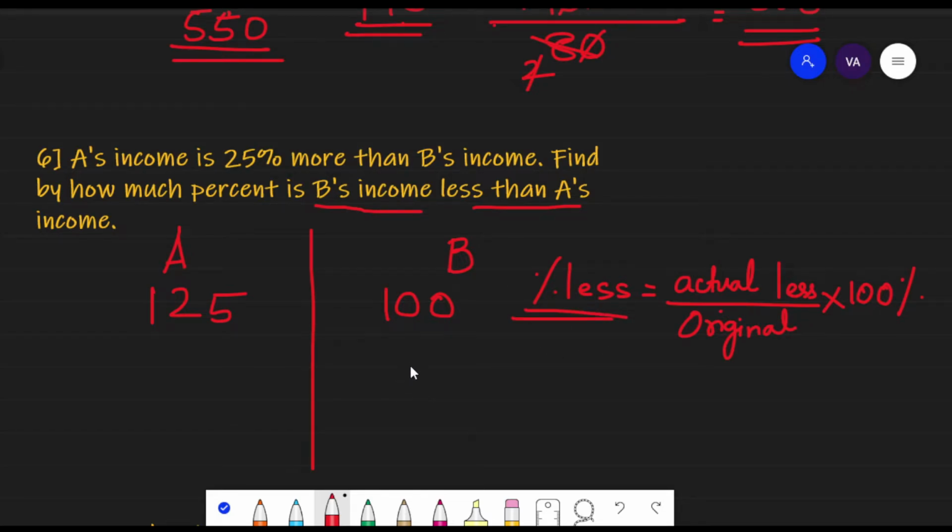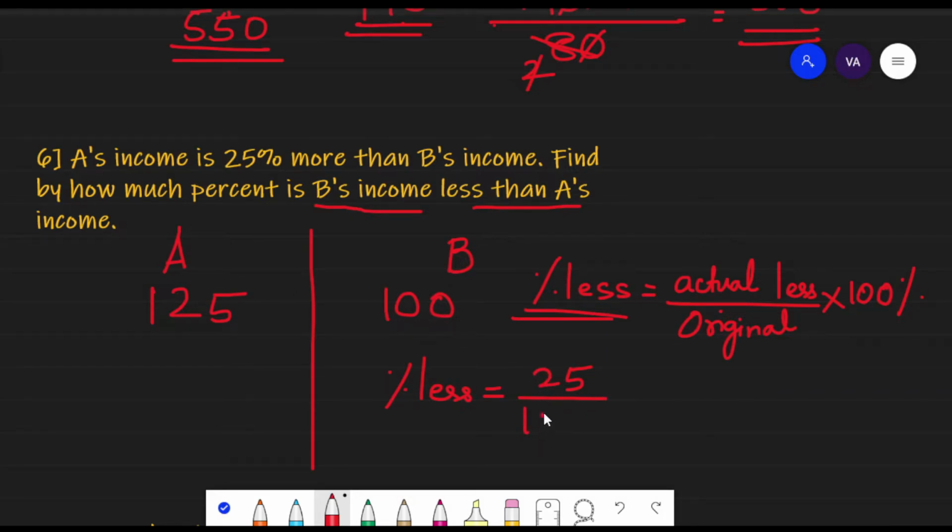So here percent less is equal to actual less divided by original. How much is the actual less? B's income is 25 less than A's. Here you can see A's income is 125 and B's income is 100. So it is just 25 less than A. And what does less than mean? It is less than 125.